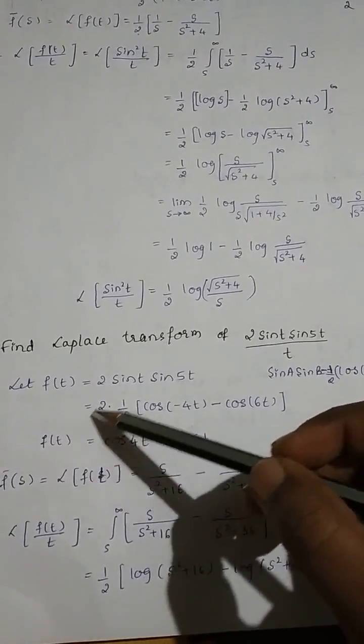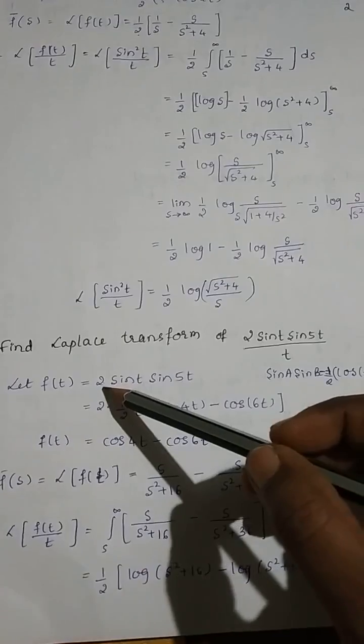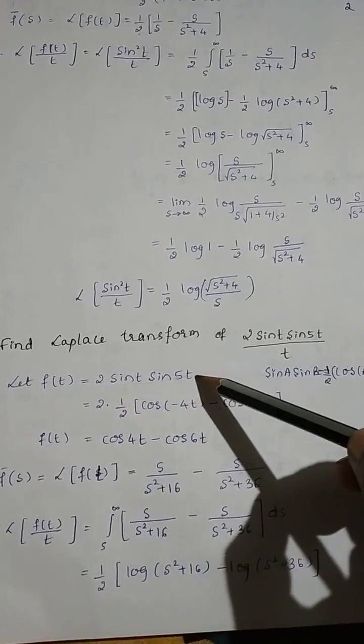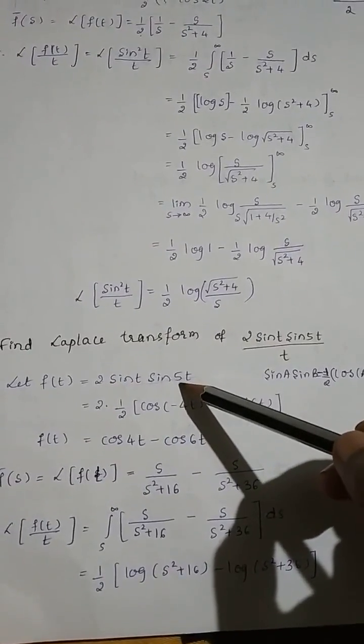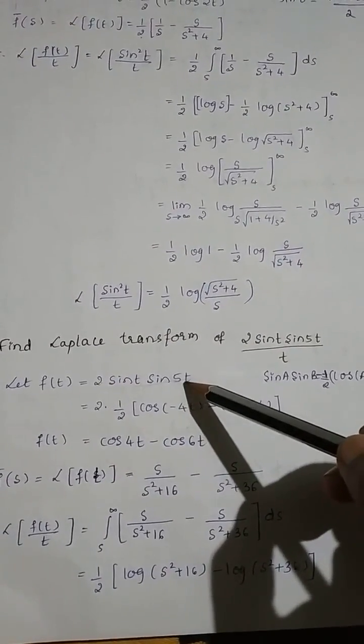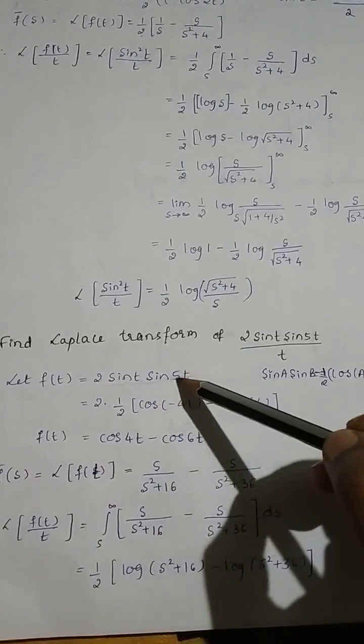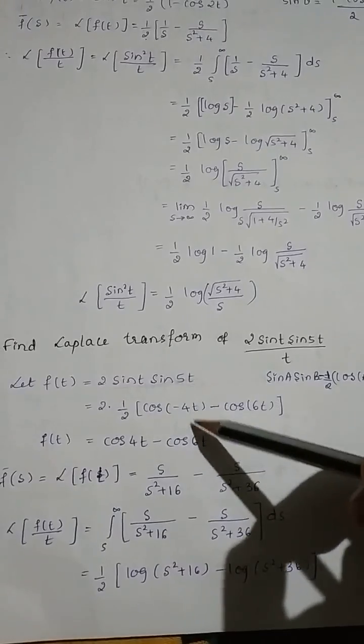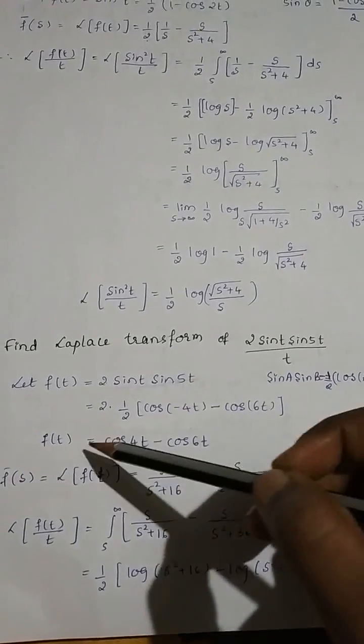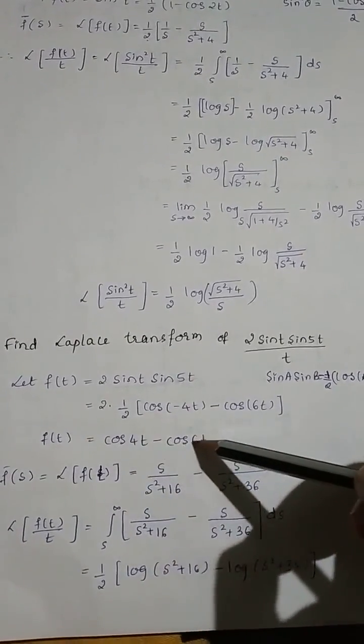Whatever f of t is here, we have rewritten it in this form, because it is somewhat difficult to apply the Laplace transform to the given term. Now we have obtained the new function: f of t is equal to cos 4t minus cos 6t.